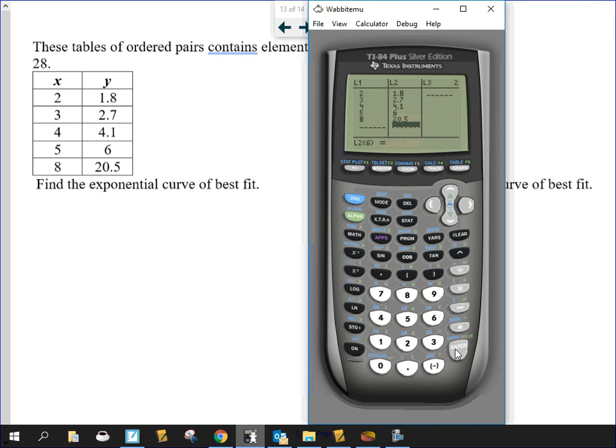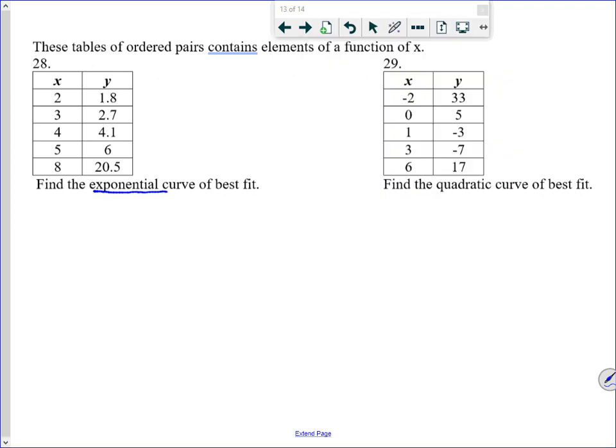Now, normally we would go and turn the stat plot on. Then we would zoom in on our data and we'd see this. And we wouldn't be sure if that was an exponential or a quadratic, and we'd have to look further.